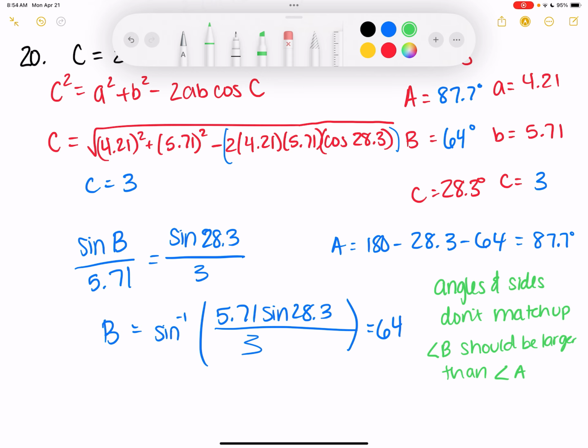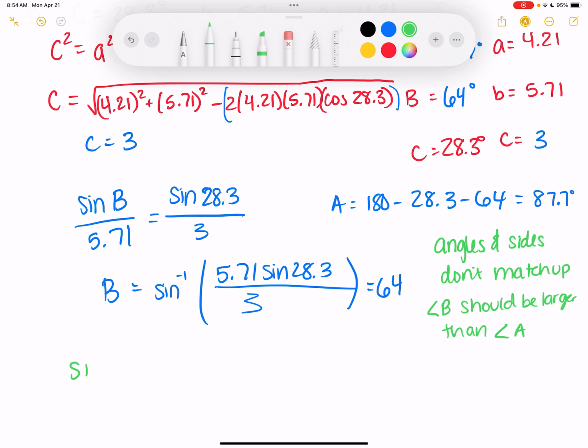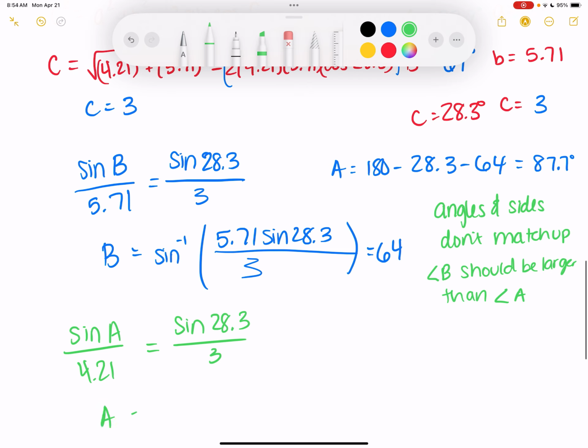If I went through, we can look at it. If I did the sine of A over 4.21 is equal to the sine of 28.3 over 3, and I do it solving for A instead of B, we'll just see what happens. Maybe in this case this one will work better. So A is equal to the inverse sine of 4.21 times the sine of 28.3 over 3.